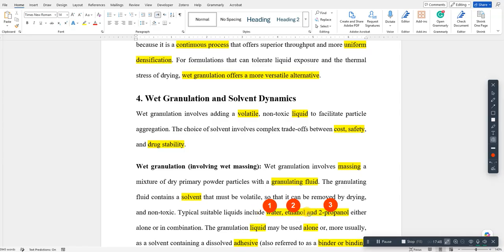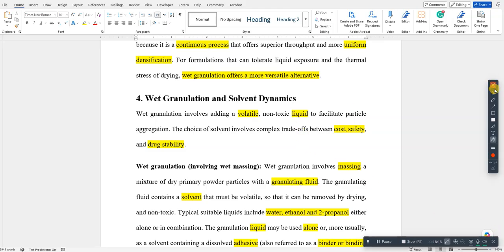Now the problem with ethanol and 2-propanol is the cost and safety. Maybe it's good for drug stability, but we have a problem because these are very volatile solvents that can cause explosion. So you need some kind of safety if you are going to use them.